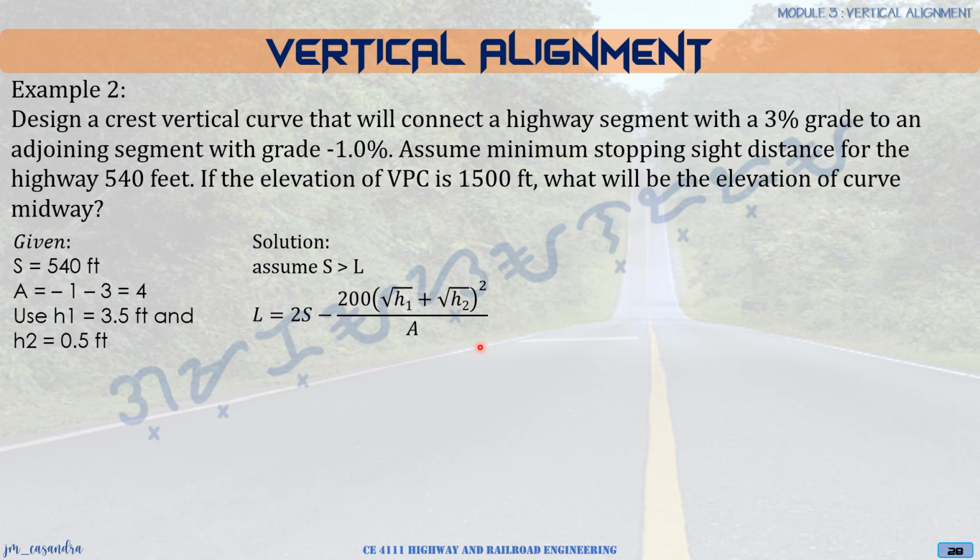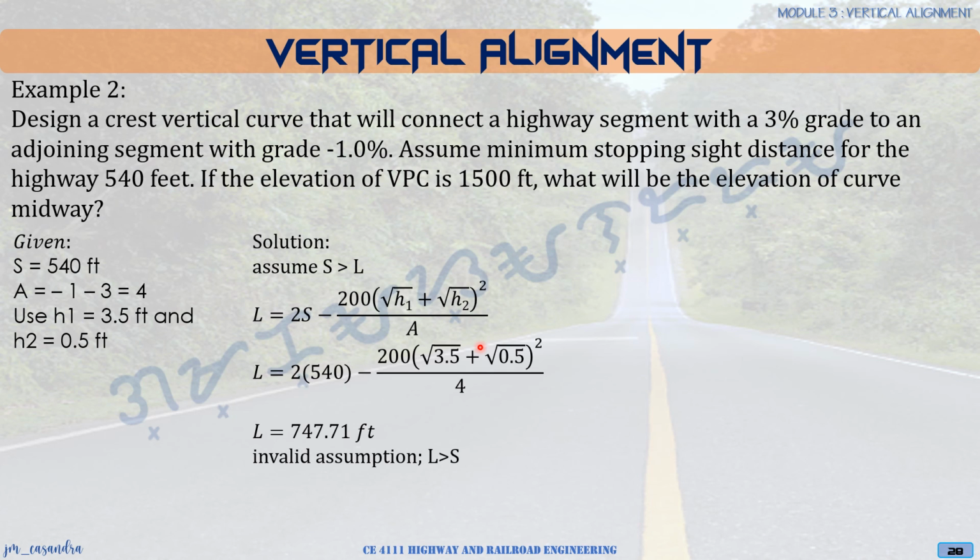Substituting S, H1, H2, and A, we now get a value of 747.71. So comparing this to our L, it now shows an invalid or wrong assumption. Okay, so L should be greater than S. So we use the other equation.